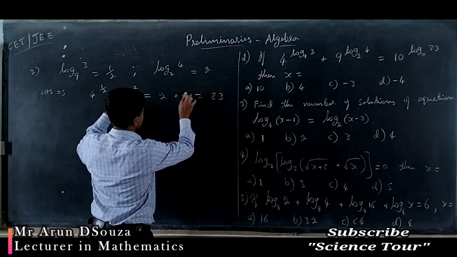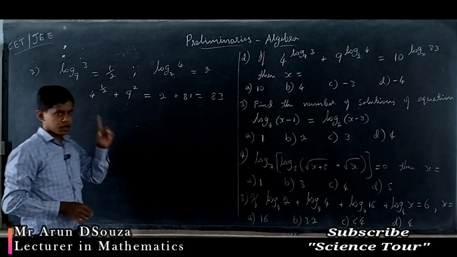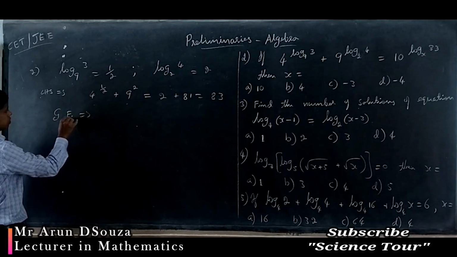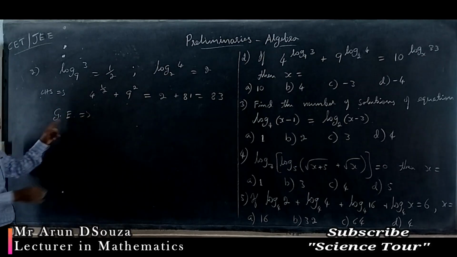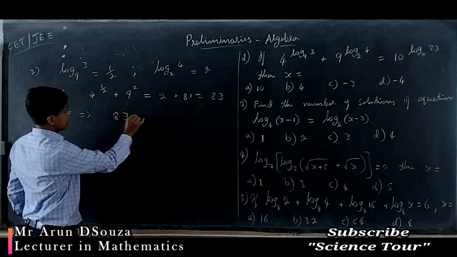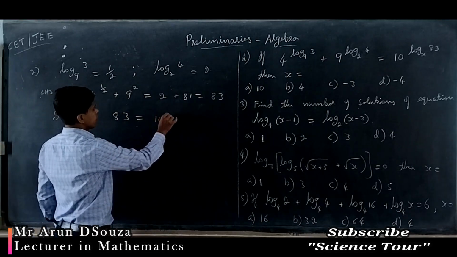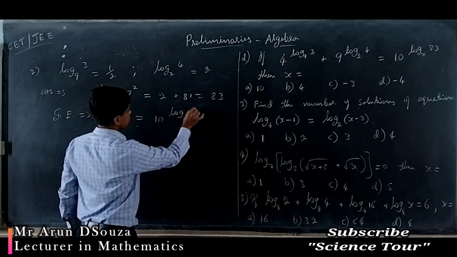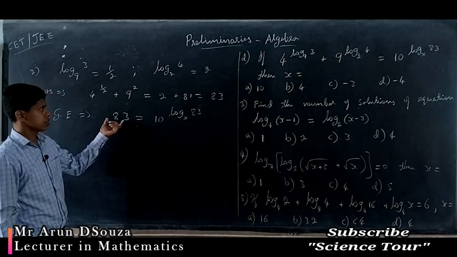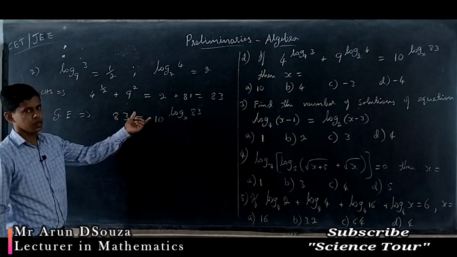So this is 83. Now understand, so the given equation becomes 83 is equal to 10 raised to log 83 to the base x.